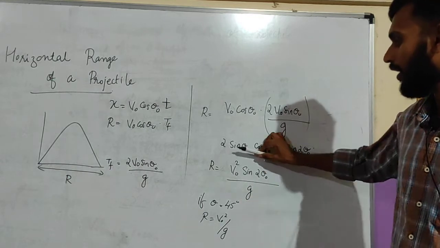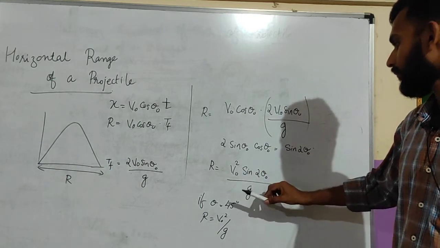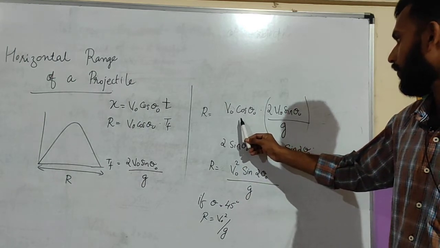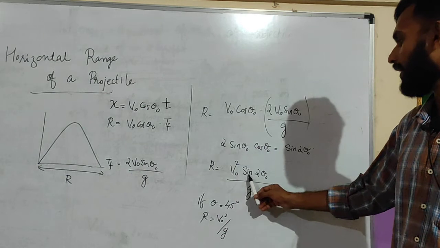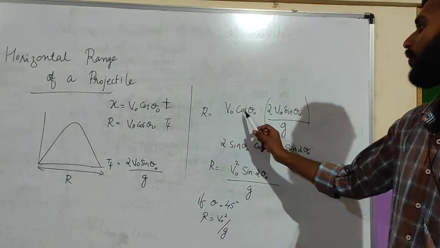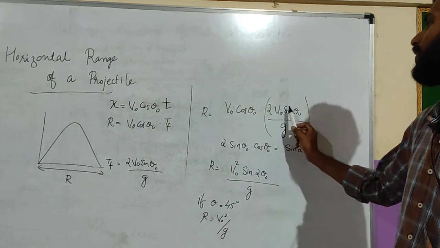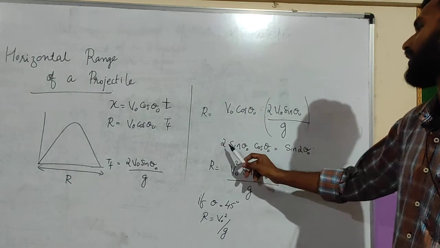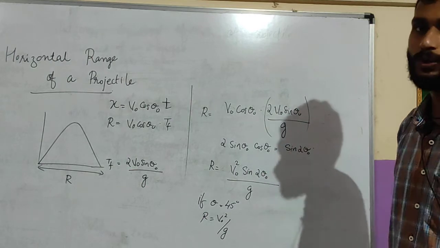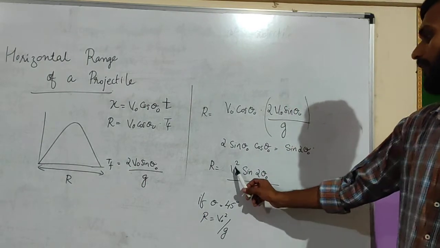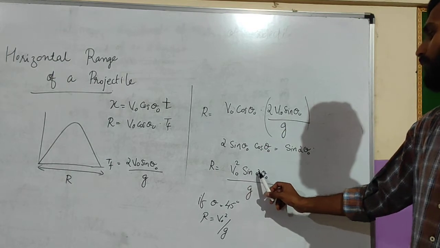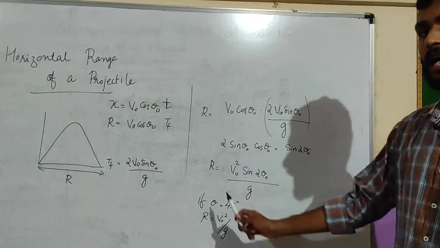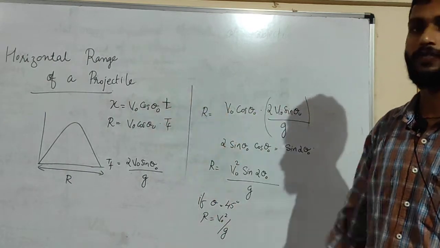On the numerator, V0 cos theta 0 into 2 V0 sin theta 0 is V0 square 2 sin theta 0 cos theta 0, where 2 sin theta 0 cos theta 0 is sin 2 theta 0. So the final is V0 square into sin 2 theta 0 on the numerator, and the denominator is G.